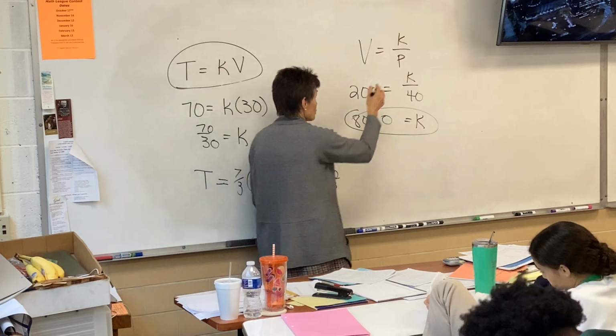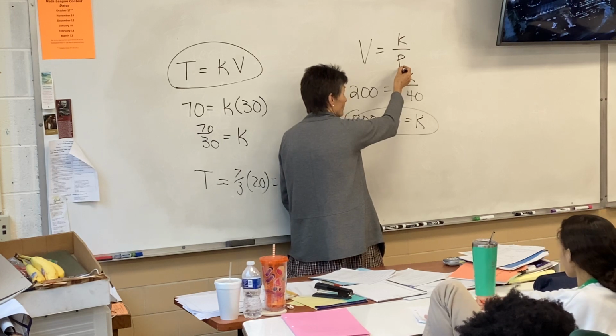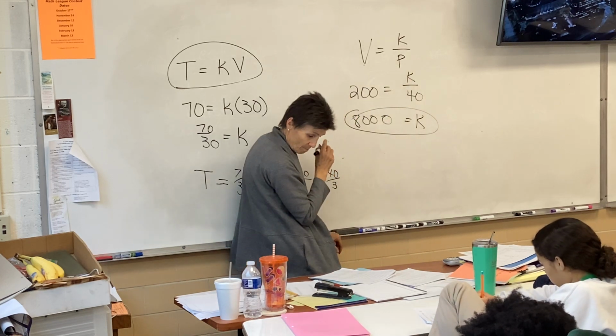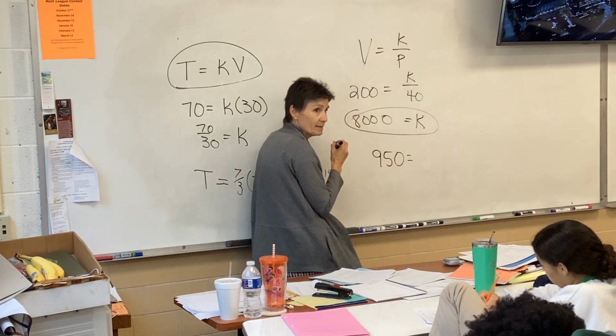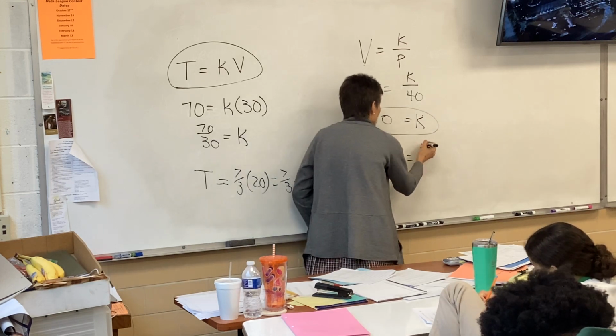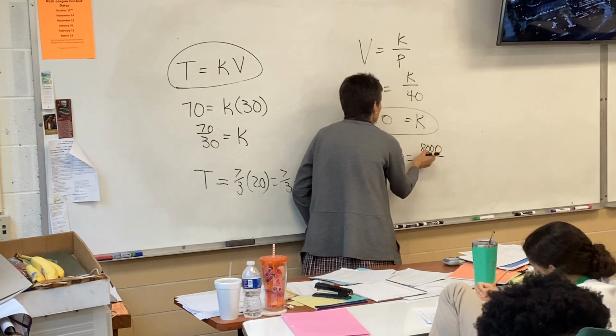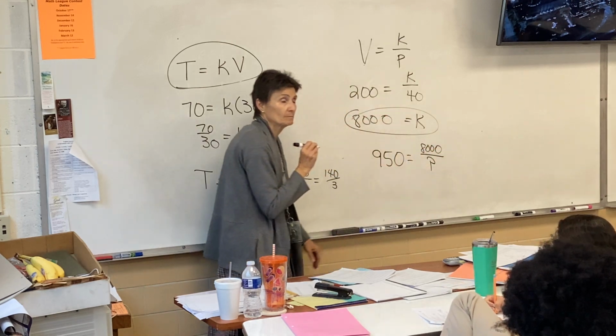Find the pressure if the volume is 950. So 950 equals 8,000 over P. Yes.